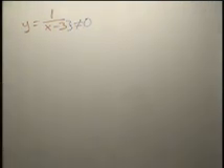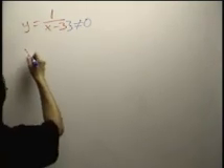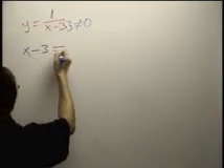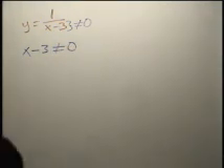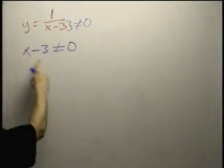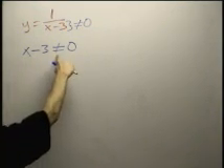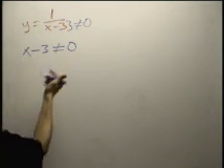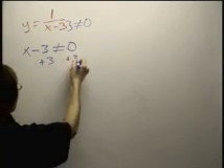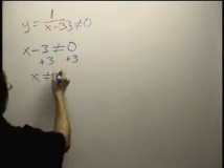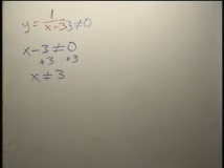Otherwise, the expression is undefined. And so, again, we simply state that. X minus 3 is not equal to 0. And then we can solve this just as though this were an equal sign rather than a not equal sign. And we get x is not equal to 3.